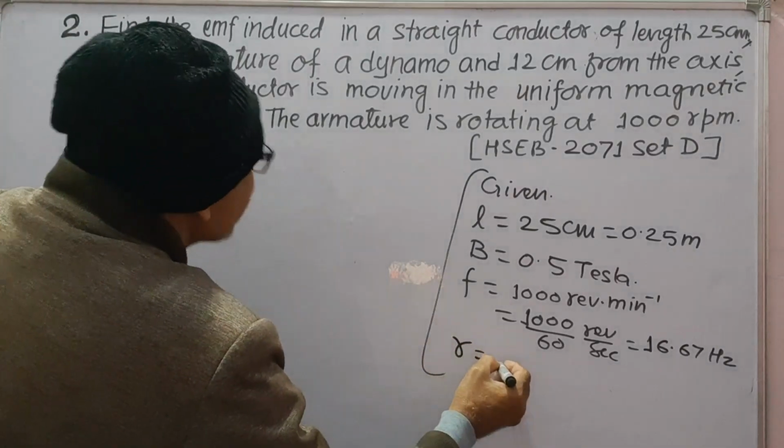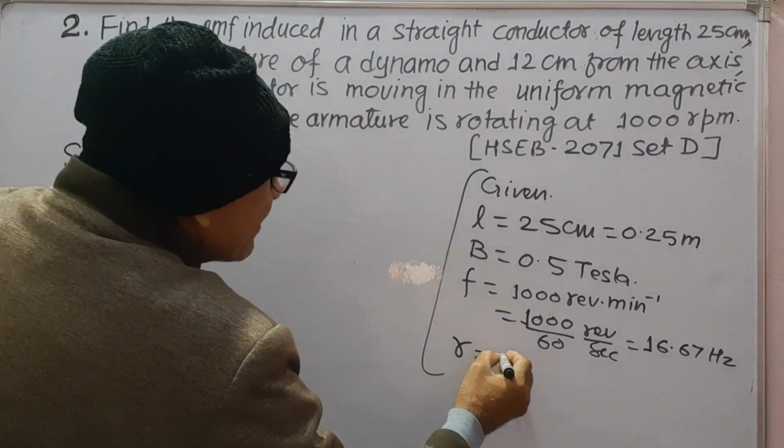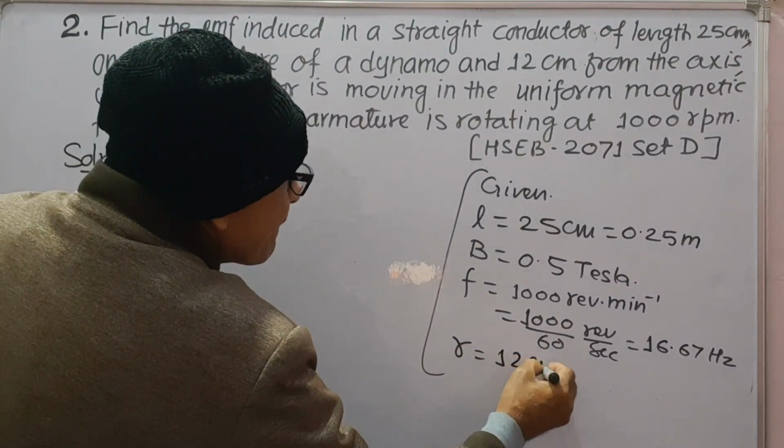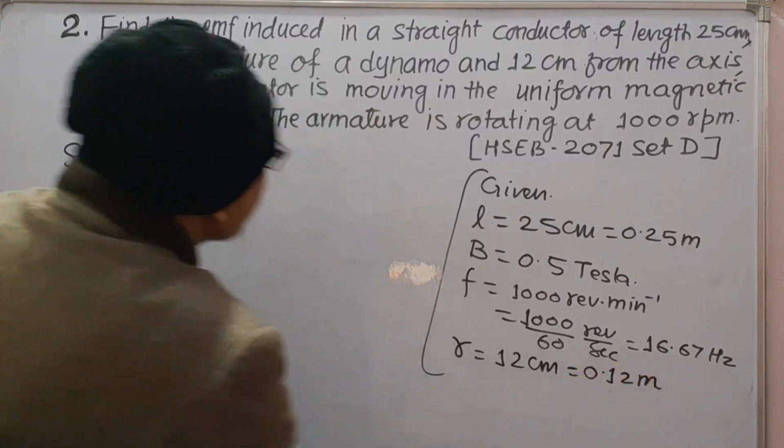Radius of armature is 12 cm, which is 0.12 meter.